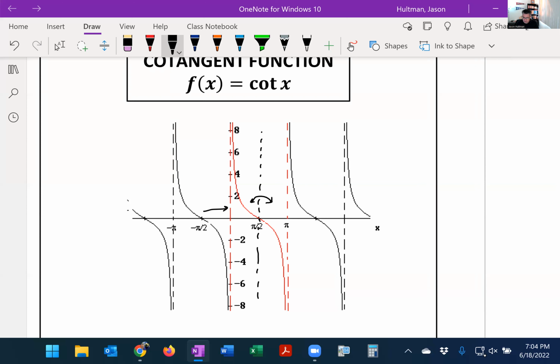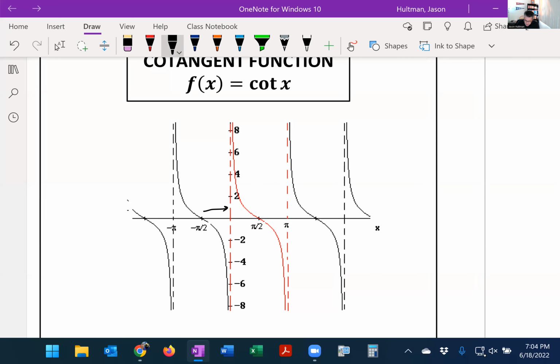It would be flipped. This line is not an asymptote. It's just a line of reflection to show you that the cotangent is a reflection of the tangent function, but it's just shifted pi over 2 units.